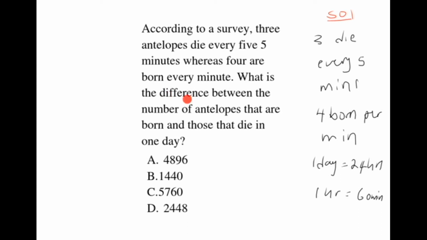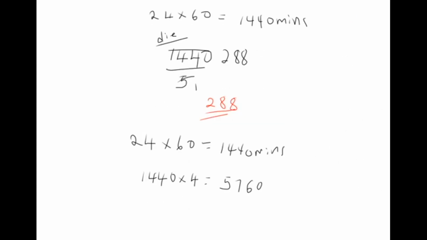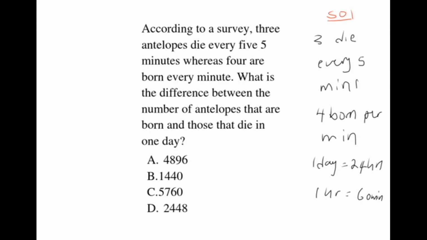We are asked what is the difference. Difference means we subtract. So we take 5760, then we also take 288. We multiply by 3 because we are told that 3 die every 5 minutes.